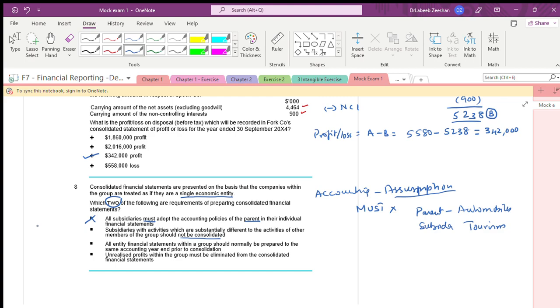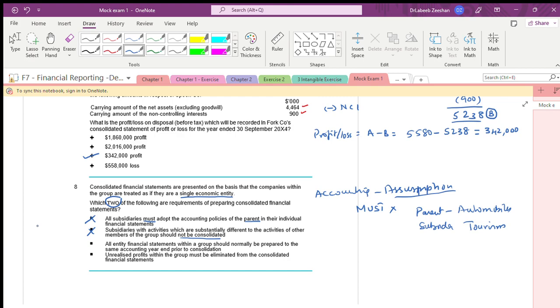On one side he has electric cars, on the other side telecommunication and social media. They are two different things, but he consolidates. When consolidating you will not see which one is which. You consolidate plant and machinery to plant and machinery, cash to cash, receivables to receivables, payables to payables. So this statement is wrong.